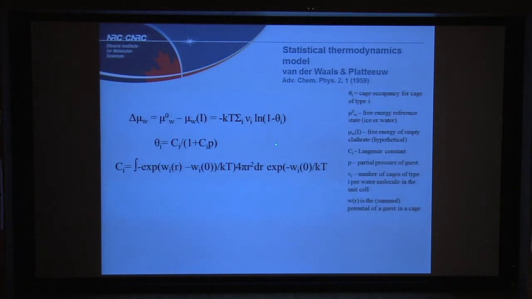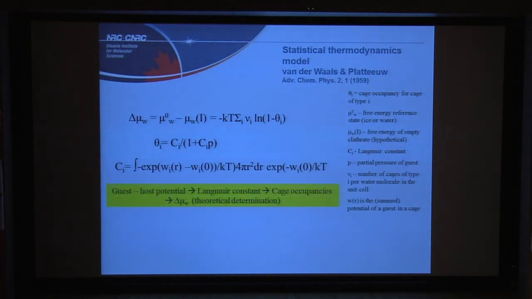And since clathrate formation or hydrate formation follows Langmuir adsorption, the cage occupancies can in fact be written in terms of the Langmuir constant and the partial pressure in the system. And of course, Langmuir constants can be calculated. And this is the form of the calculation that van der Waals and Platteeuw used. And once one has these different variables, we can do a number of things.